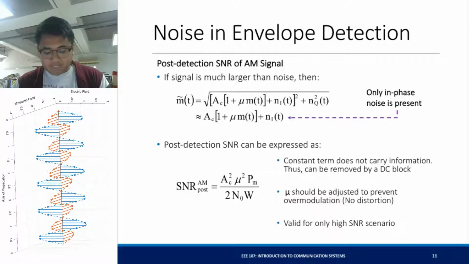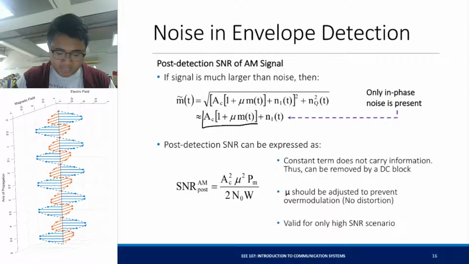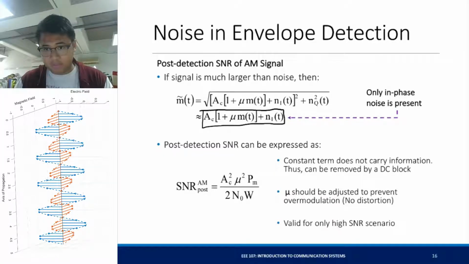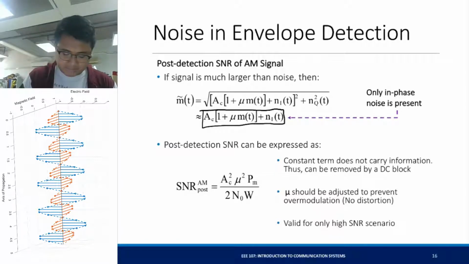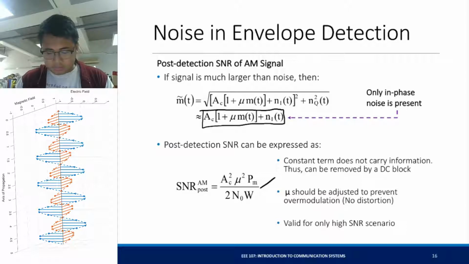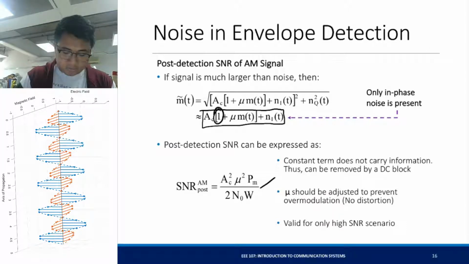So if the signal is much larger than noise, then we can approximate that to have this expression right here. Only the in-phase noise is present, and the post-detection SNR can now be expressed as this equation right here. So why did the constant term disappear?